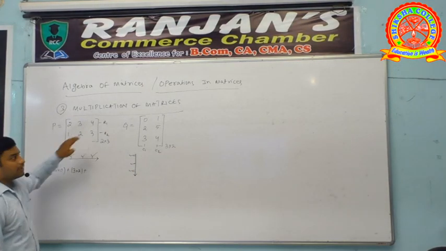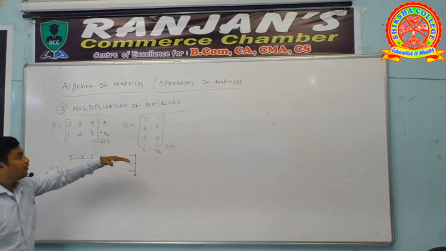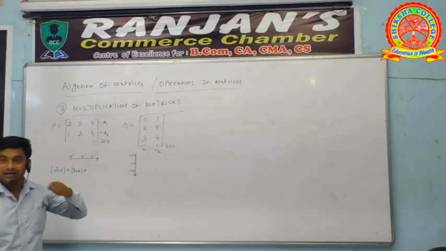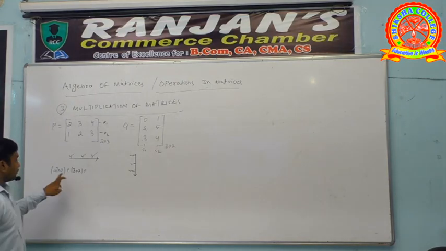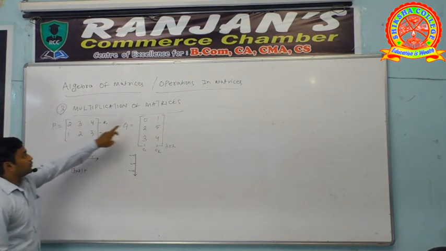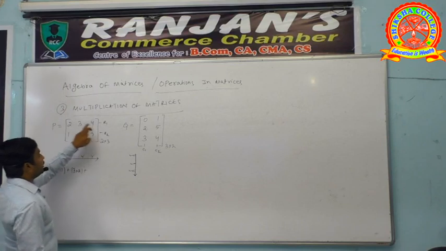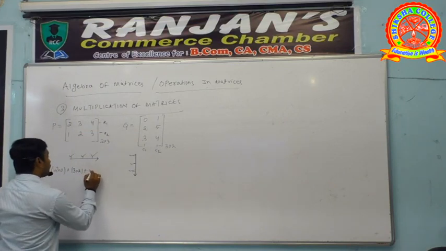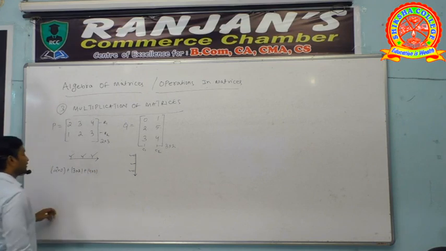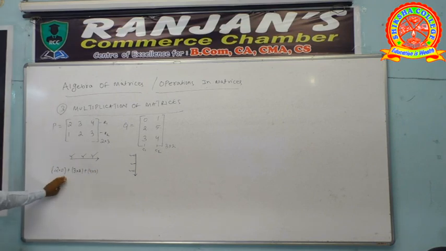See, 1, 2, 3 in the horizontal, 1, 2, 3 in the vertical. Then 4 into 3. Okay, clear?